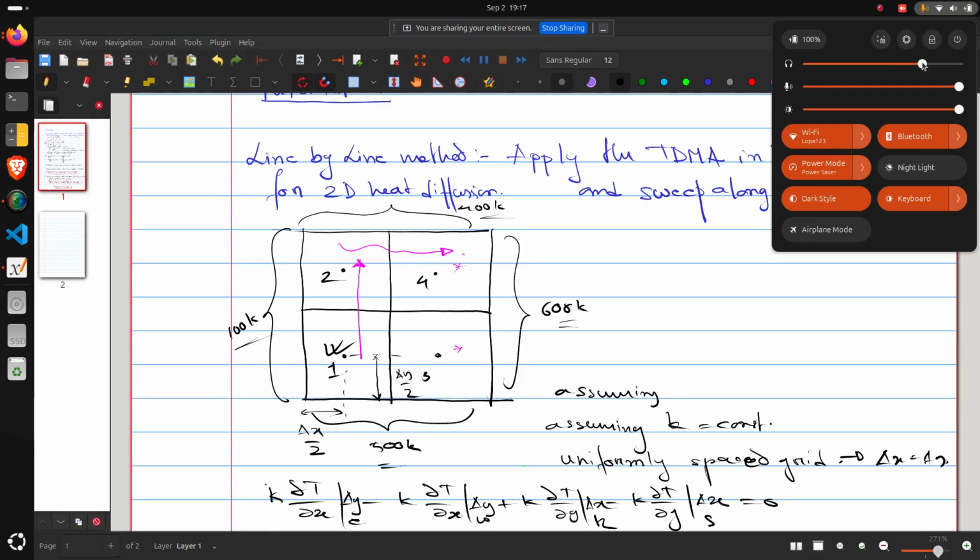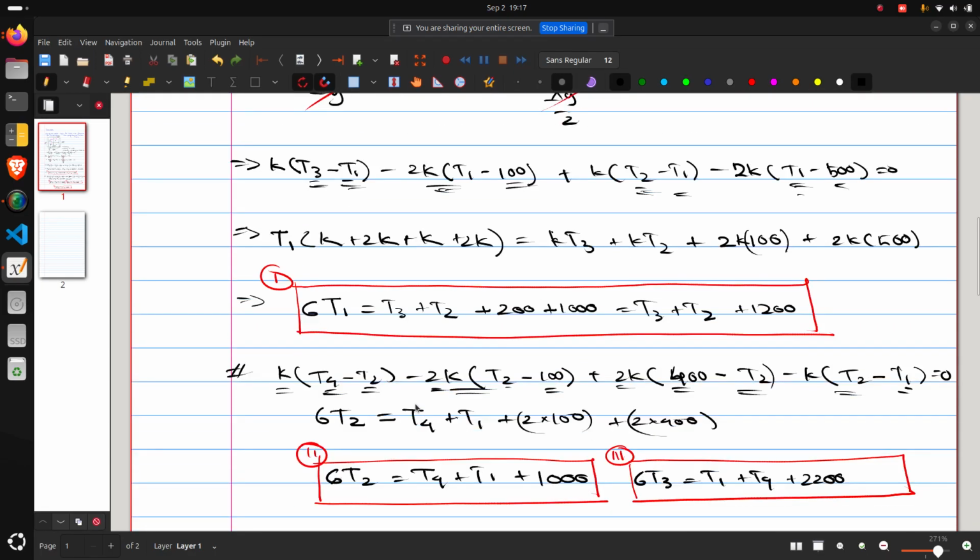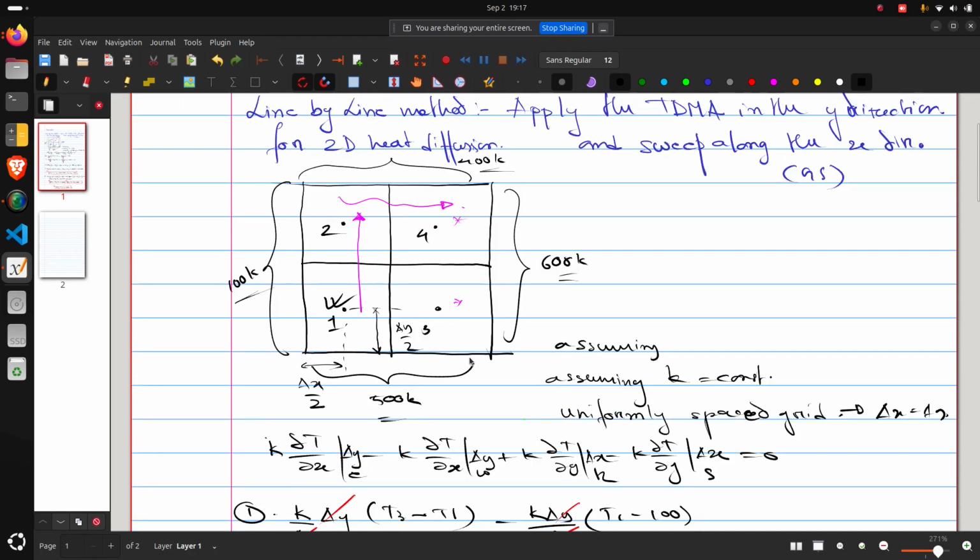Right now what we are doing is just populating everything, going from 1 2 3 4 like this. We will propagate our solution using the TDMA method in the y direction, and then we will sweep. For example we go from 1 to 2, then 3 to 4, then 5 6 7 8.